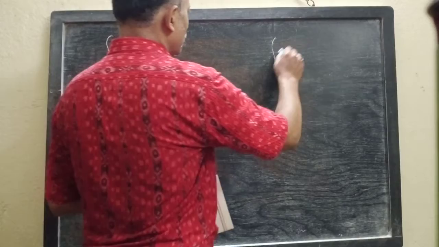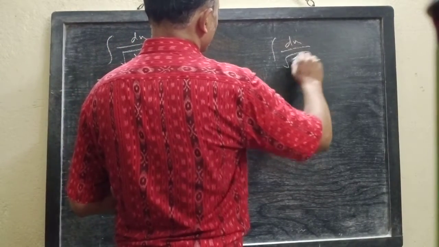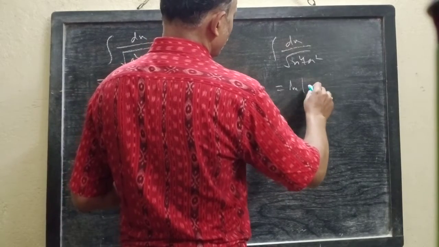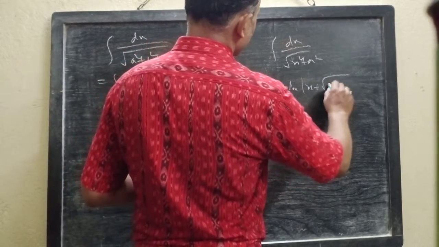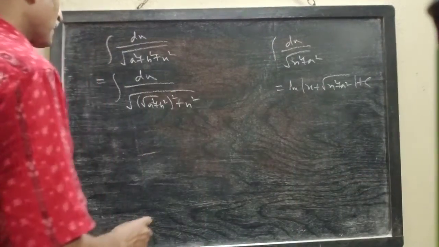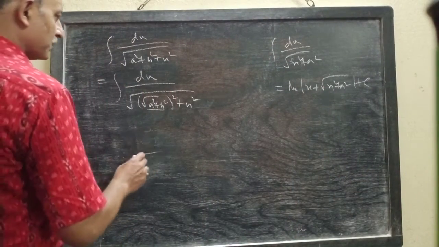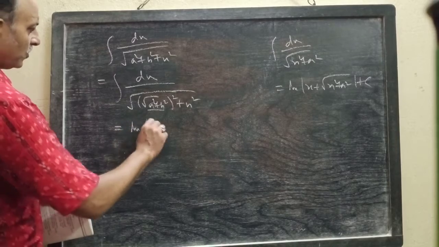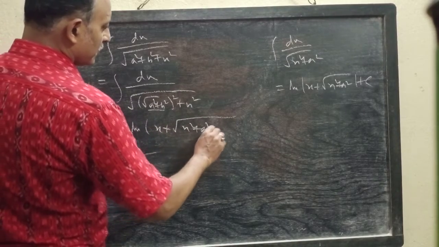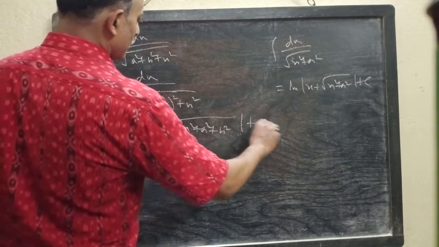Now, because of the formula integration dx by root over of x square plus a square, this was ln of mod of x plus under root x square plus a square plus c. So here your a is this. So your answer will be ln of mod of x plus root over of x square plus a square plus b square plus c.